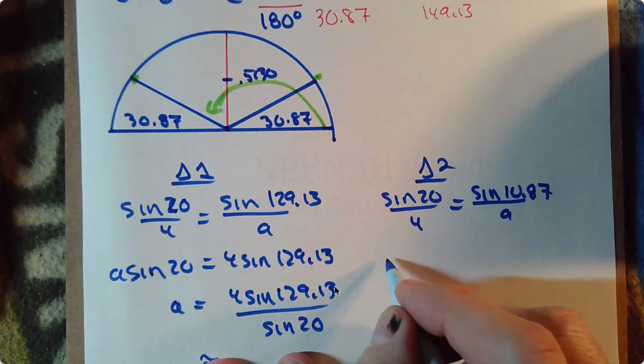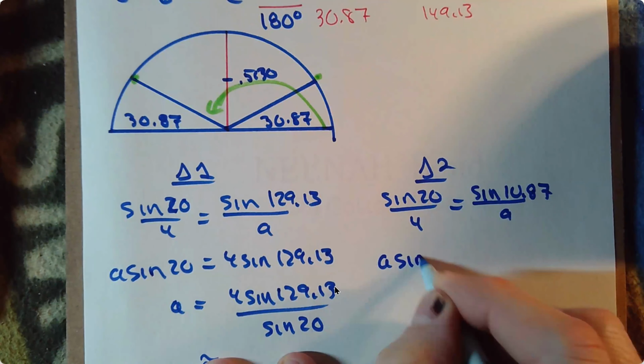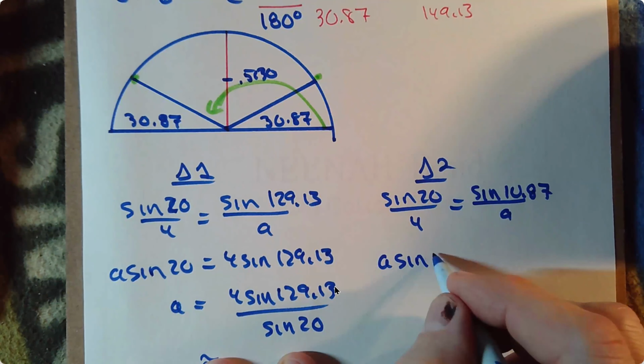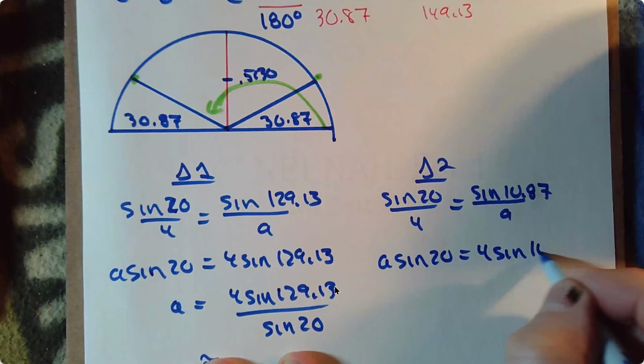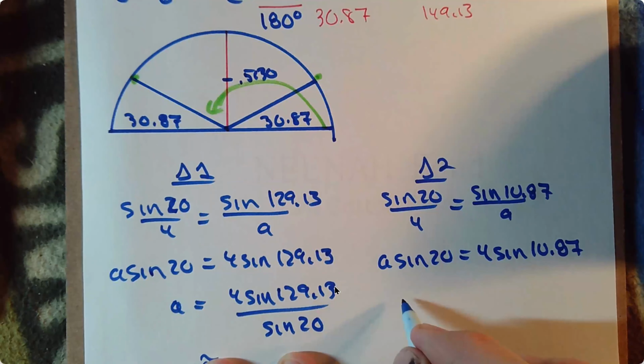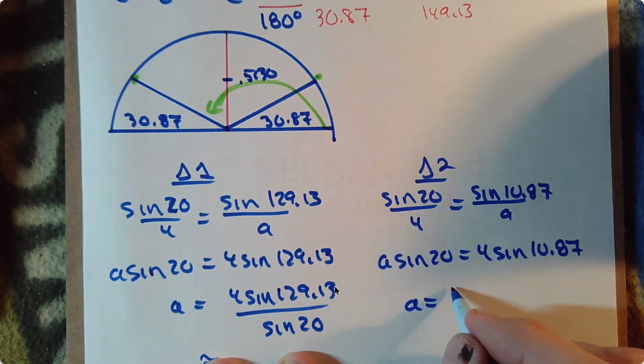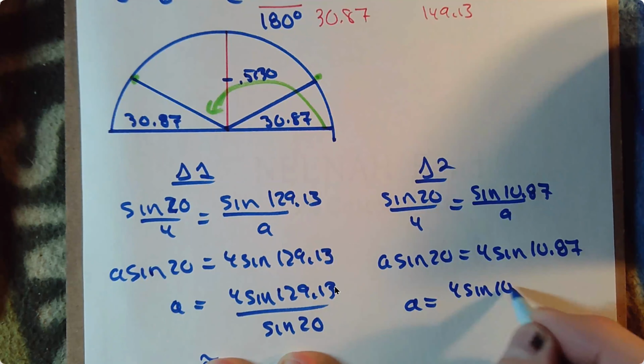It's going to be A times sine of 20 equals 4 times the sine of 10.87. Divide both sides by sine of 20: 4 sine of 10.87 over sine of 20.